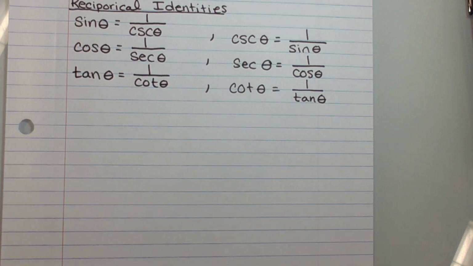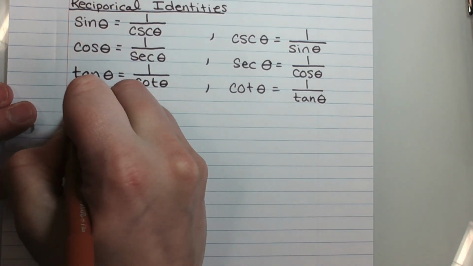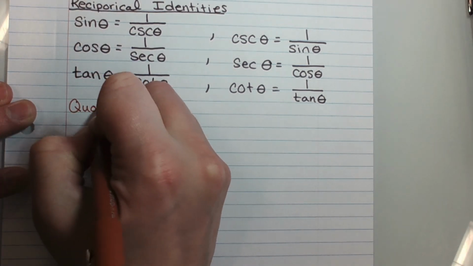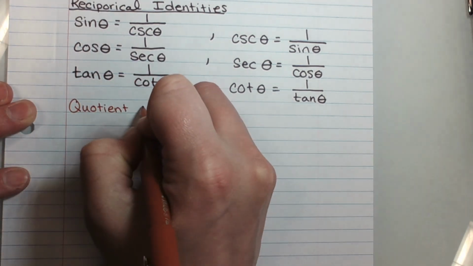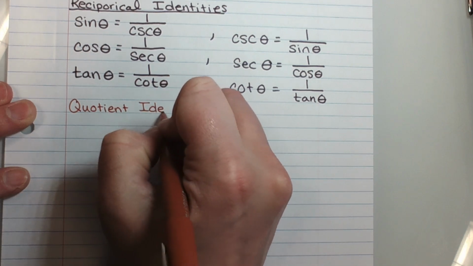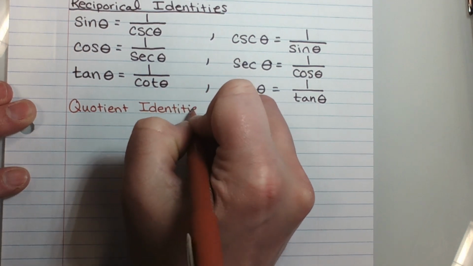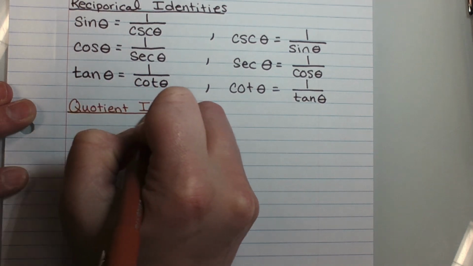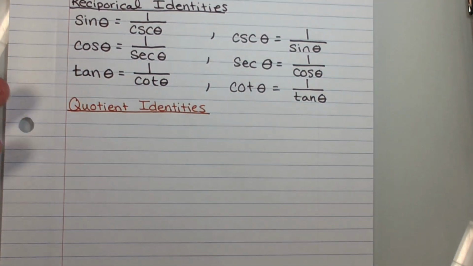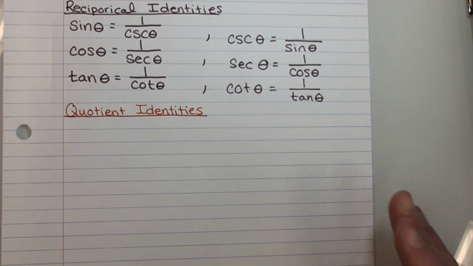We have also used what is known as the quotient identities. Now the reciprocal identities, those come out of how trig is defined.